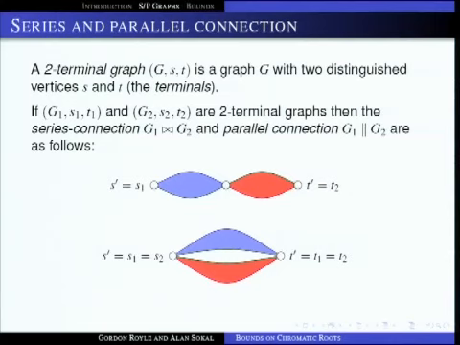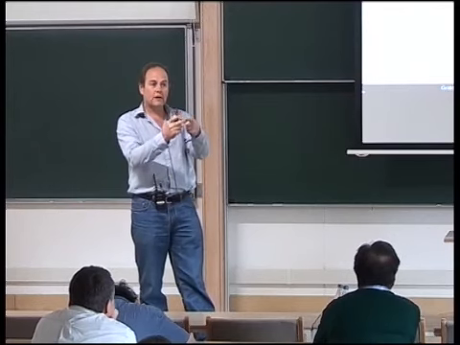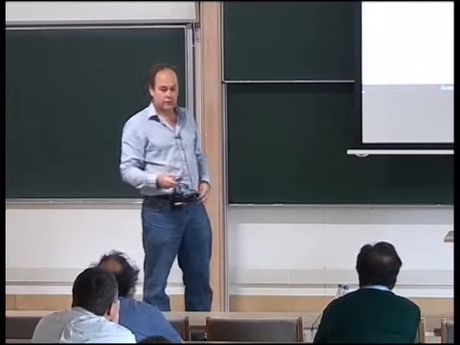Or you can stick them together in parallel, where the two S's and the two T's get identified, and this is the new S and this is the new T. So if you've got two two-terminal graphs, then you can make a third two-terminal graph in either of these ways.